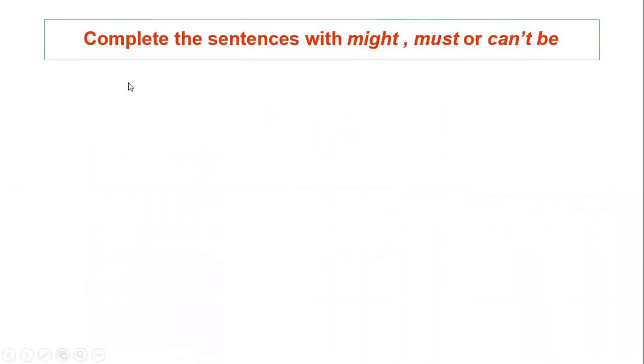Look at this exercise at page 19. Complete the sentences with might, must, or can't be.